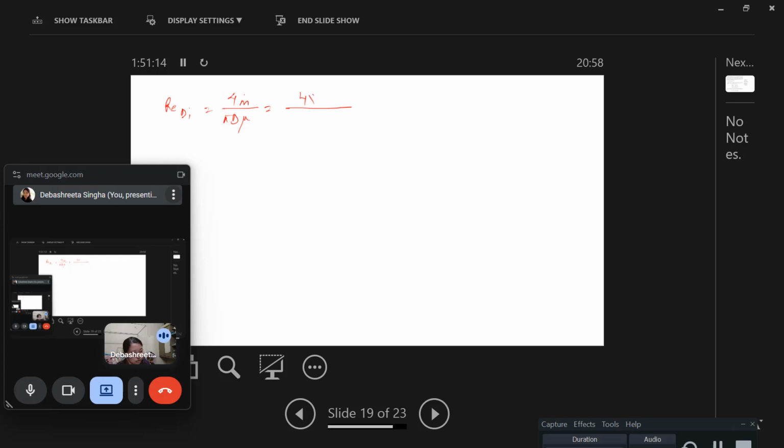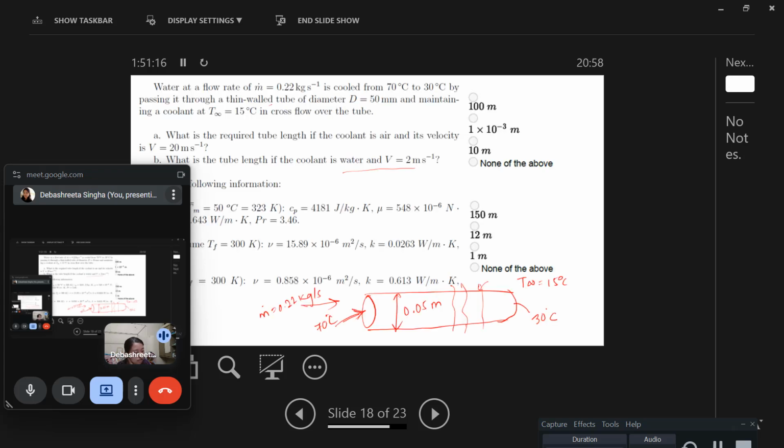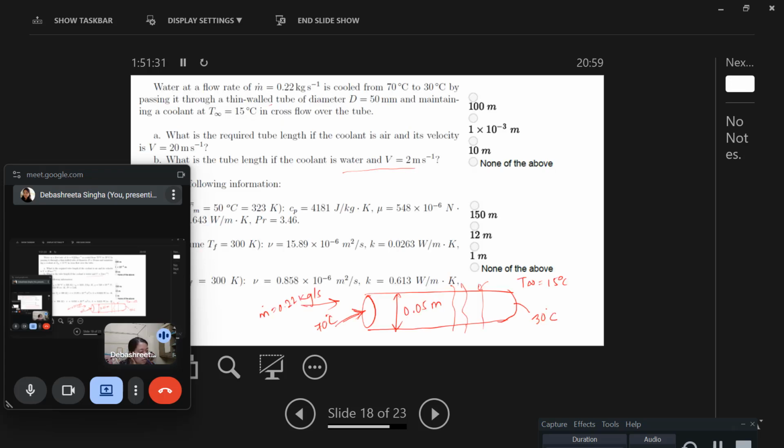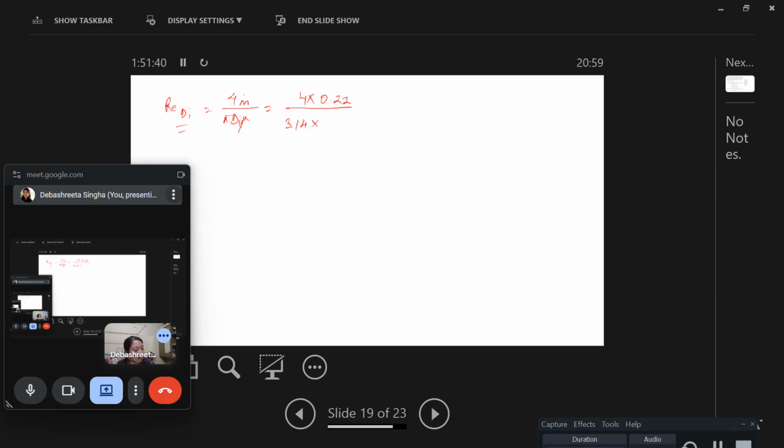So 4 into m dot is 0.22, divided by 3.14 into, since we are calculating for the inside fluid, the inside diameter is 0.05, into mu.